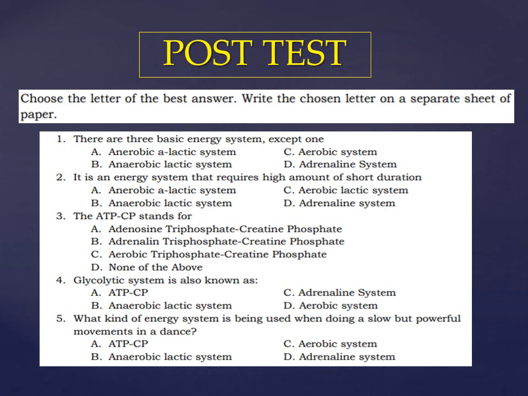C. Adrenaline system. Letter D. Aerobic system. 5. What kind of energy system is being used when doing slow but powerful movements in a dance? A. ATP-CP. B. Anaerobic lactic system. C. Aerobic system. Letter D. Adrenaline system.